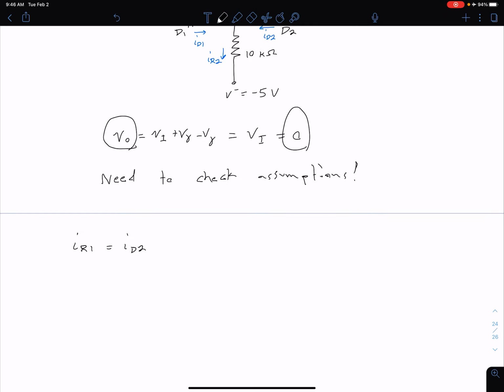In general, this is V plus minus V out over the 5 k ohm resistor, but in this case that's just 5 minus our V out of 0 divided by 5 k ohm, which gives us 1 milliamp of current.